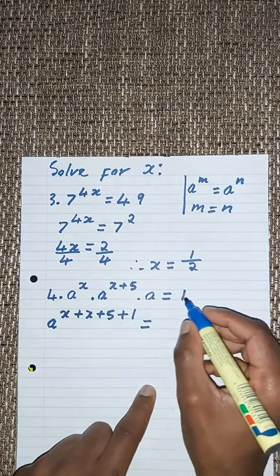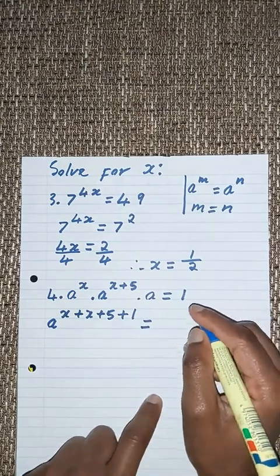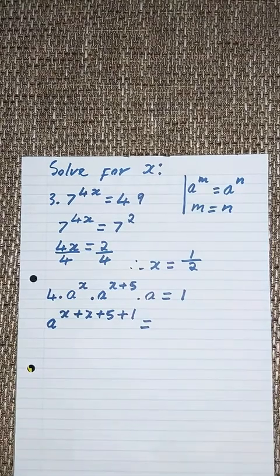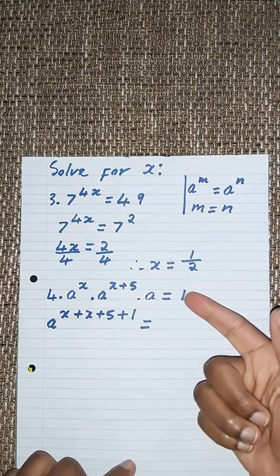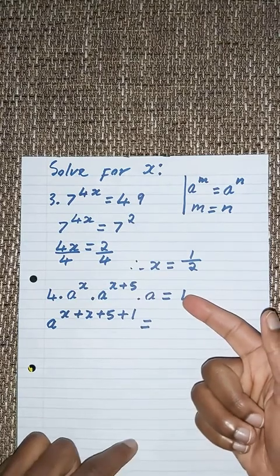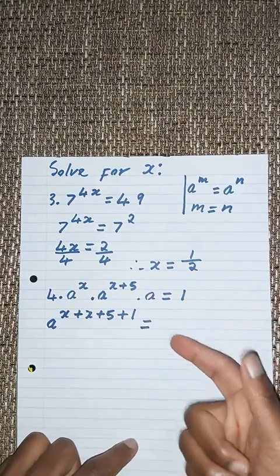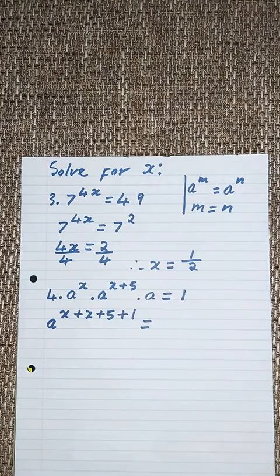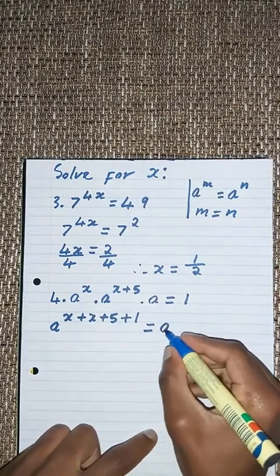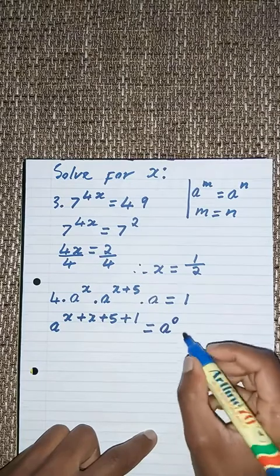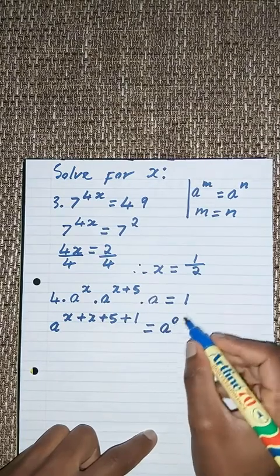Now this is another law of exponents that you should know, and we'll see it in the next coming videos, that anything to the power of 0 is 1. So for us to change this 1 to be something with a base of a, what we'll do is say a to the power of 0, because we know that anything to the power of 0 is 1.